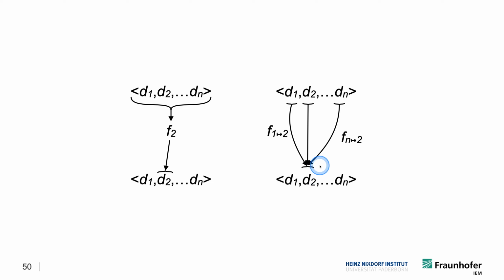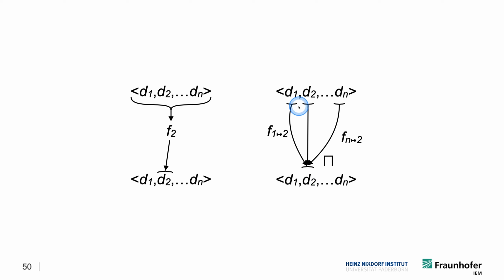In essence, we have n times n such functions, right? Because we have n such microfunctions that compute D2, and we also have n functions that compute D1 and so on, okay? Now the question is, if you have such functions that compute these individual effects that every single input value has on this output value, then how do you arrive at the final output value D2? And here again, we assume that we are given some meet operator or some merge operator, okay?